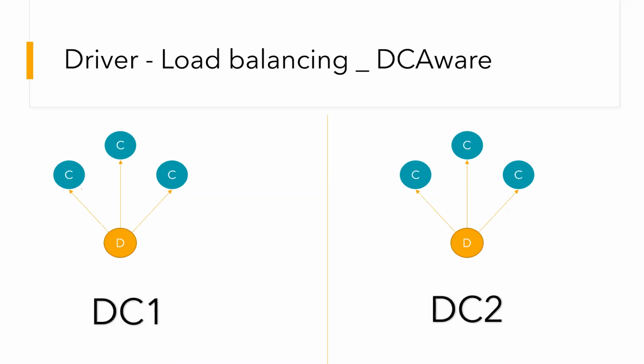One is the DC aware policy: for example, if all the nodes in your local DC are down, it knows the request should be served from DC2. It generally goes by round robin, is aware of its local DC, and checks there first. If all the nodes are down, it goes to the second data center and serves your request from there, again in a round robin fashion.